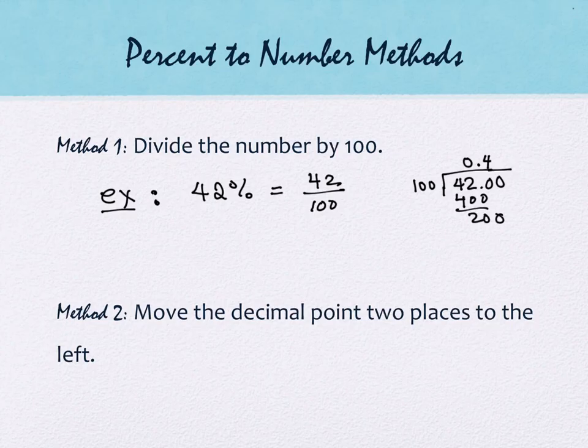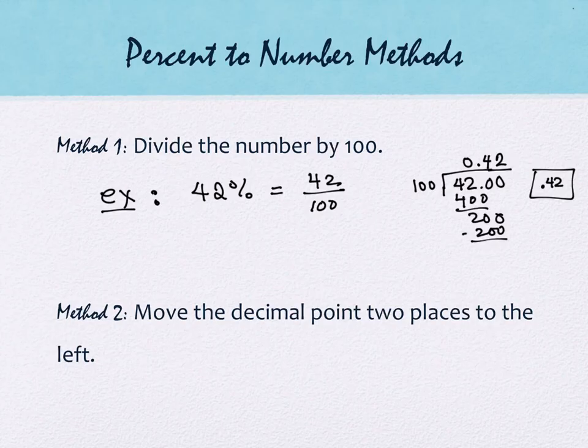And then it goes in 2 times to give me the 200 here. And we would have the decimal as 0.42. You can put the 0 in front or leave it off. Either way is not a big deal. So dividing the number by 100.